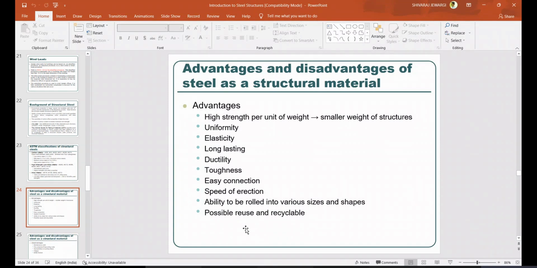It won't go to waste like RC. With RC structures, the demolition or construction waste is used only for unimportant works like compounds and bed concrete. But with steel structures, by doing modifications, we can reuse them further in construction. So it has a reuse capability.